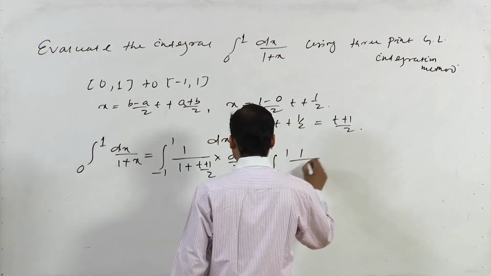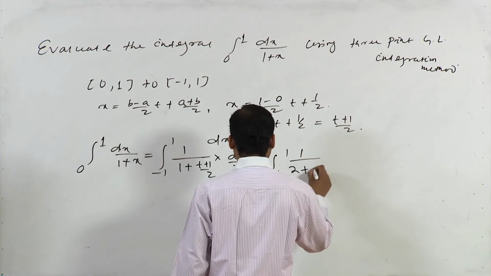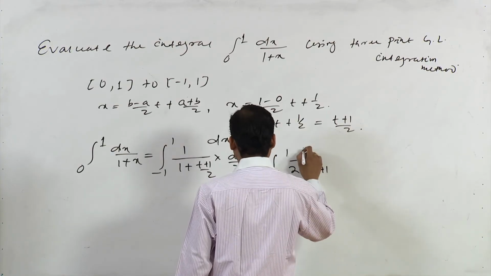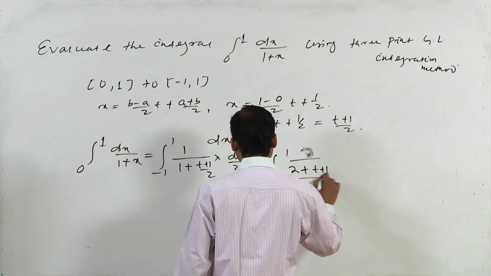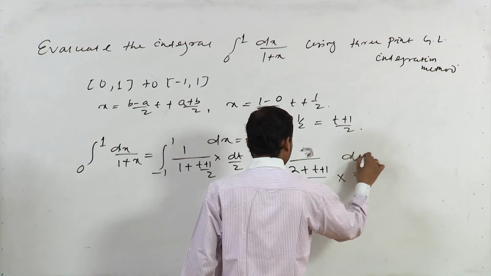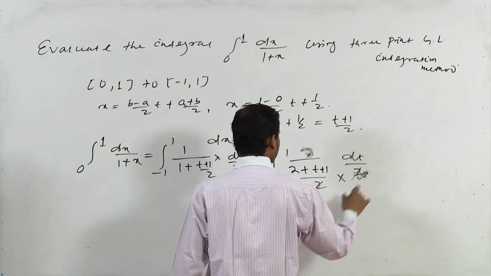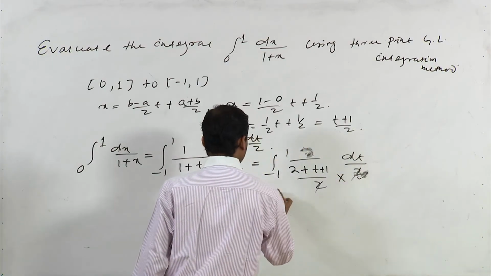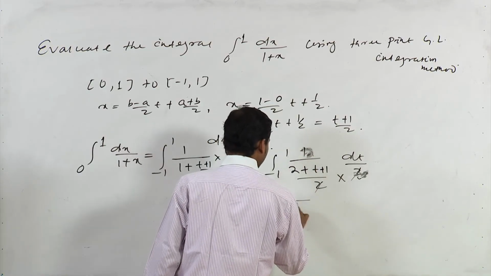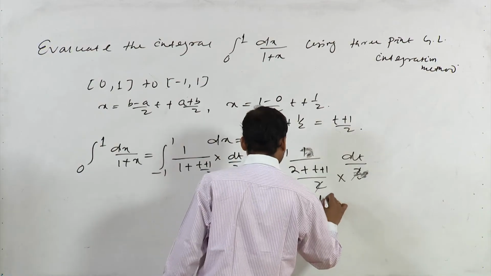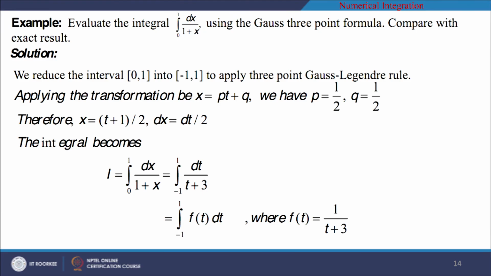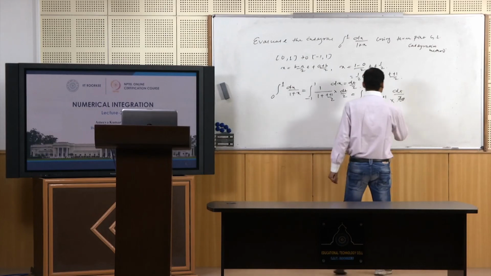So if you take out the 2, this will be 1 by (2 plus t plus 1) by 2 into dt by 2. So the 2 can be cancelled, and it can be written as the integral from minus 1 to 1 of 1 by (3 plus t) dt. So f of t equals 1 by (3 plus t).